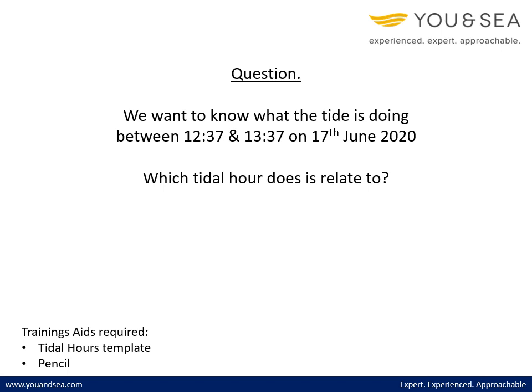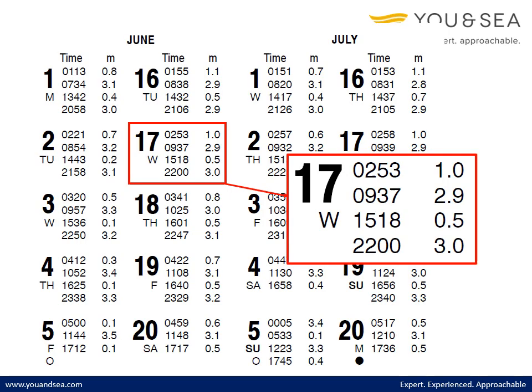So another question, we want to know what the tide is doing between 12:37 and 13:37 on the 17th of June 2020. And again, which tidal hour does this relate to? We do it in exactly the same way, with one subtle difference coming up.